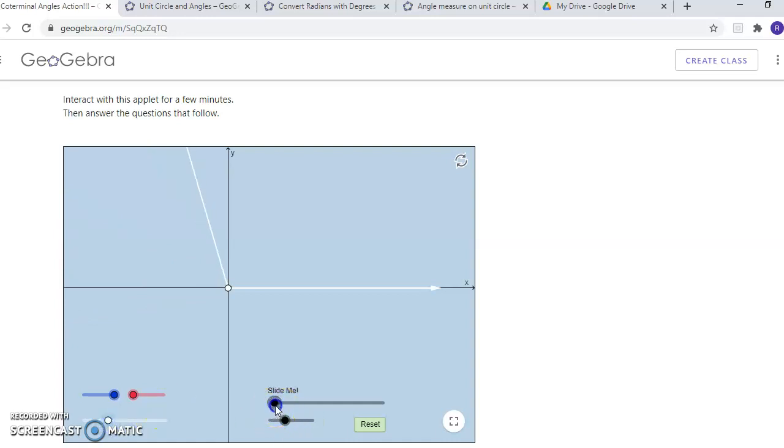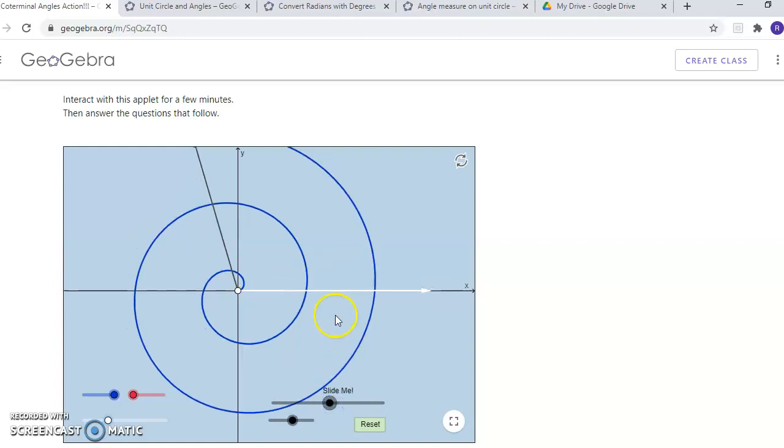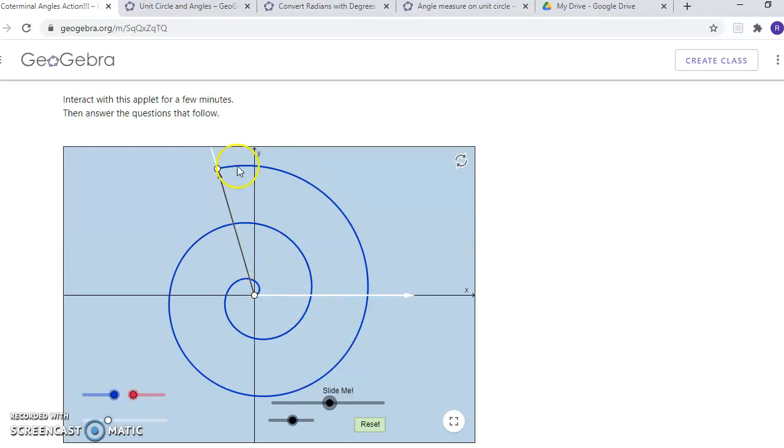Now, we have this angle. If you can see, it's moving in a counterclockwise direction. If it terminates along the terminal side of the white angle, then these two angles are coterminal angles.